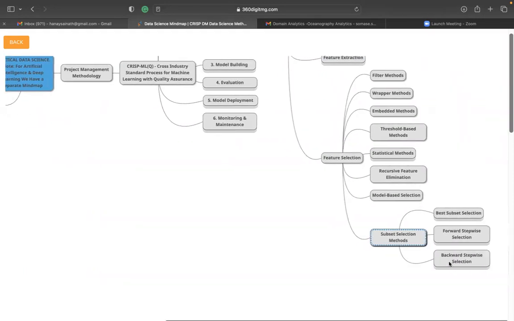In subset selection we have best subset selection, forward stepwise selection and backward stepwise selection.